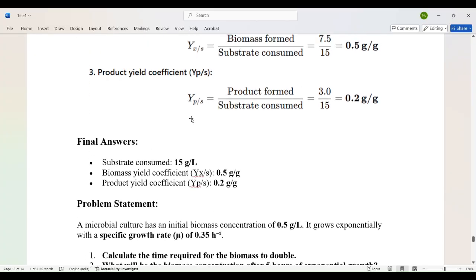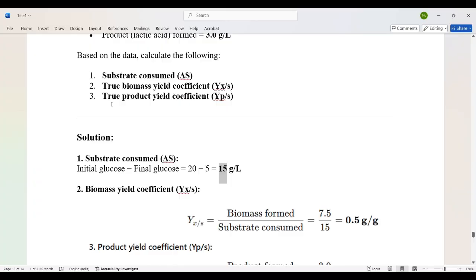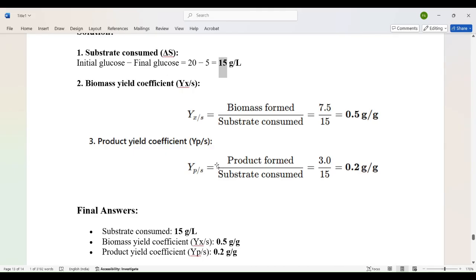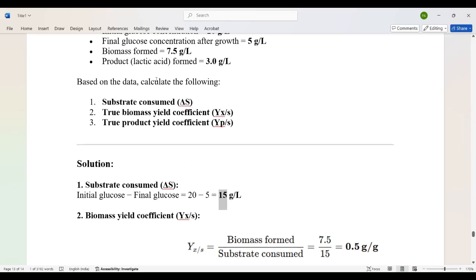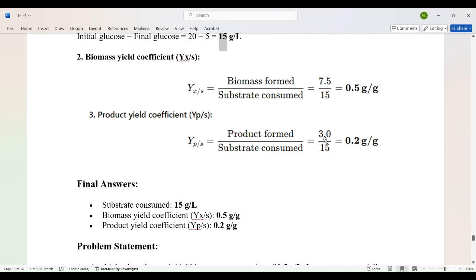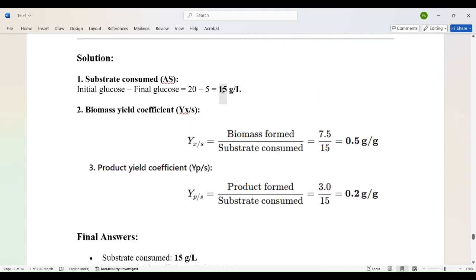The next ask is the true product yield coefficient, that is Y P/S, product formed divided by substrate consumed. So the denominator remains the same. All right. So what is the amount of product formed? Here it is given, that is 3 grams. So 3 as numerator, and substrate consumed we already found as 15. So 3 by 15 being 0.2.